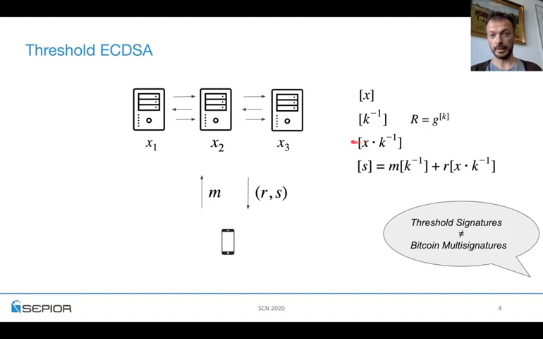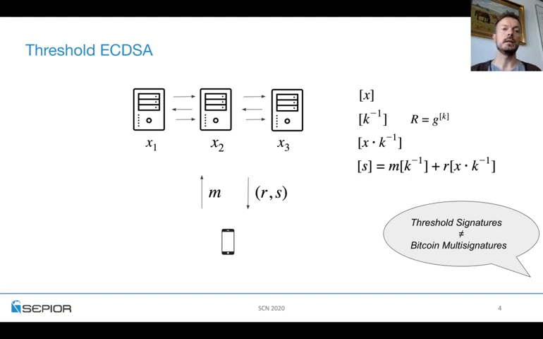And now the servers also together compute a sharing of the private key x times the nonce inverse. Once they've done that, a sharing of this signature value s can be computed by doing linear operations on these 2 sharings.